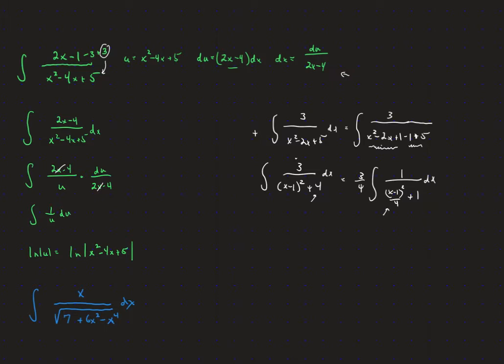We're going to look at that as u squared, so in this integral, our u is going to be x minus 1 over 2. We're thinking of that as like a 1/2 x minus 1/2, so when we differentiate that, we're only going to get the coefficient of x, and so dx is going to be 2 du.